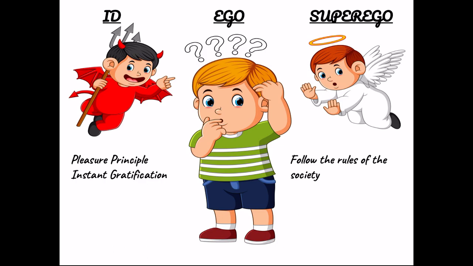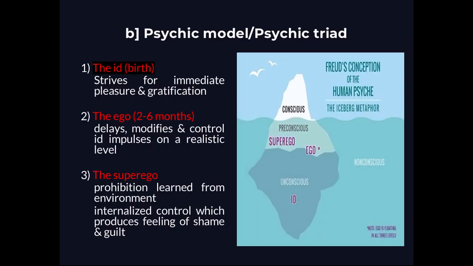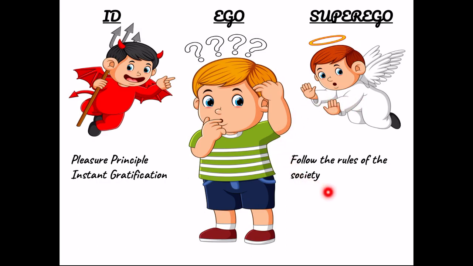It believes in instant gratification. What is the superego? The superego follows the rules of society. Now, the ego is always confused how to satisfy the needs of the id while keeping in mind the rules of society. It is the ego who acts, and it is the ego who has to face the consequences. It is the ego who has to make the decision what to do.